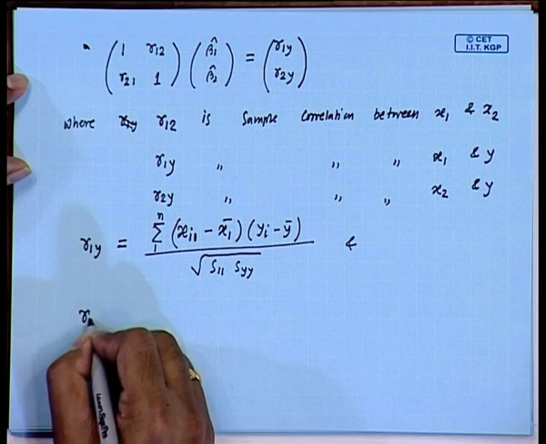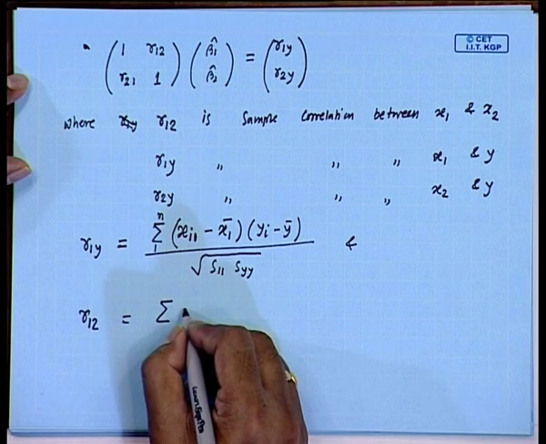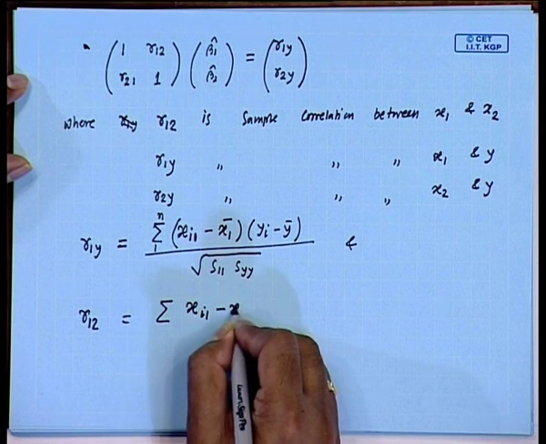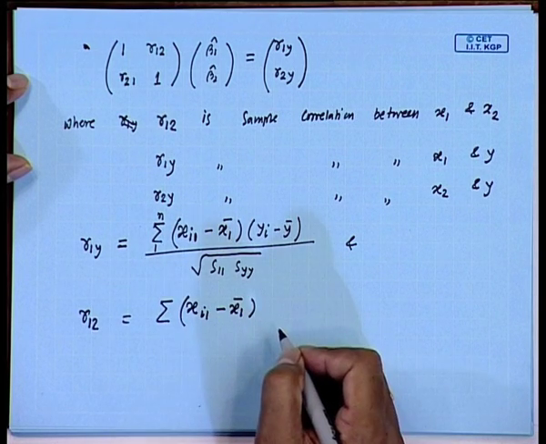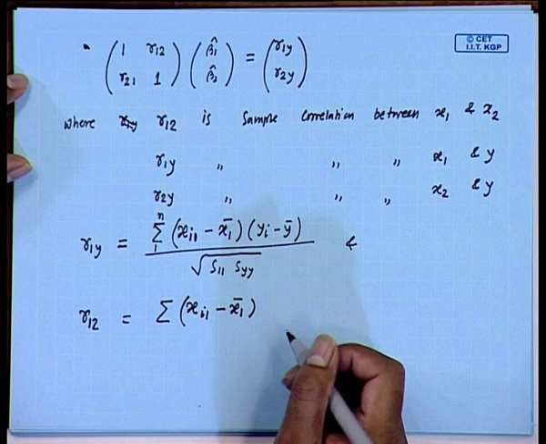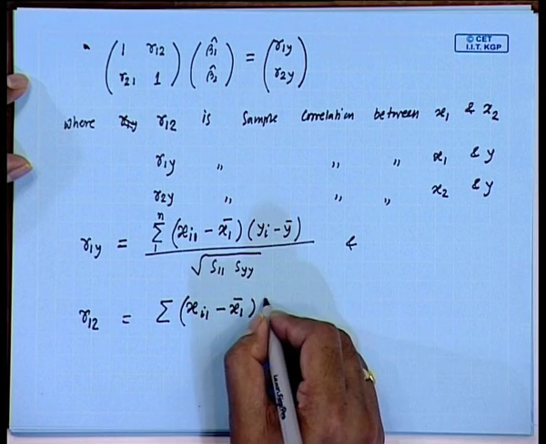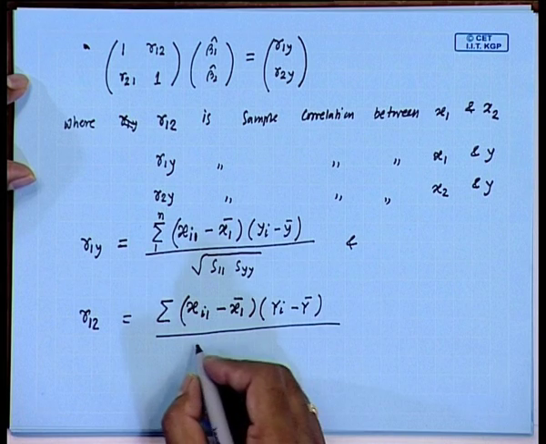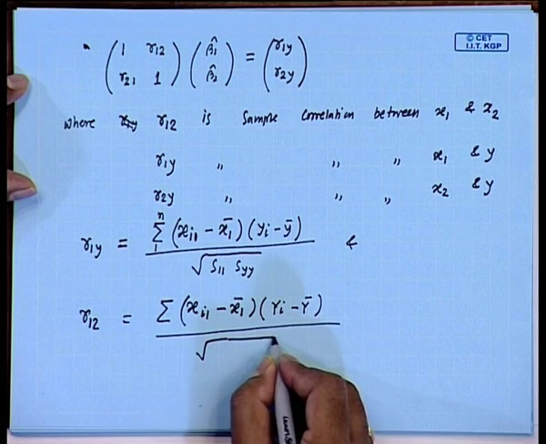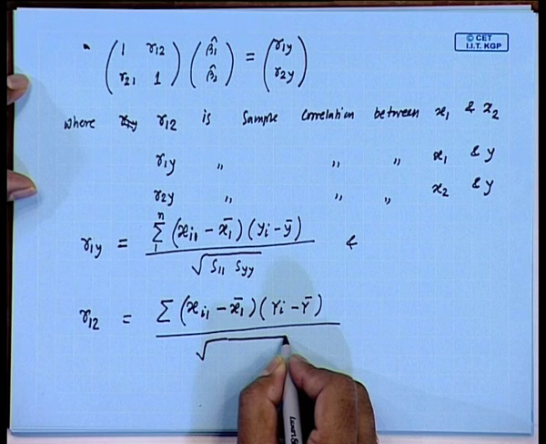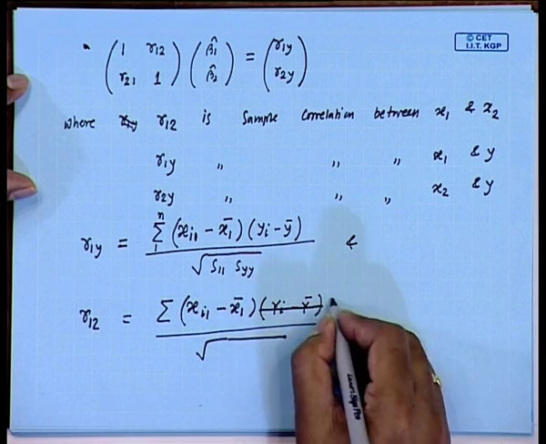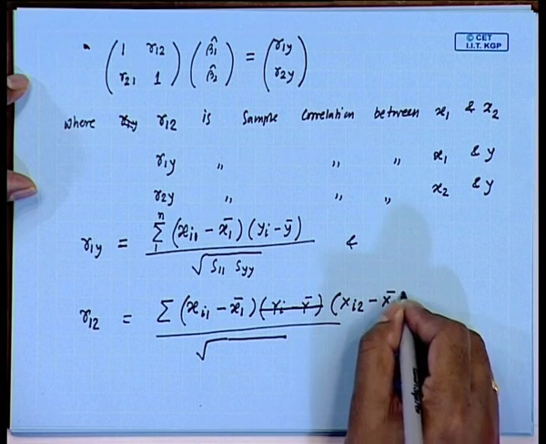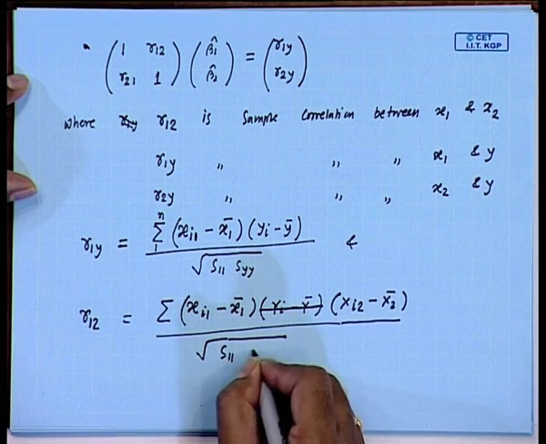And R12 is equal to the sum of (x_i1 minus x1 bar) into (x_i2 minus x2 bar), divided by root of s11 s22.